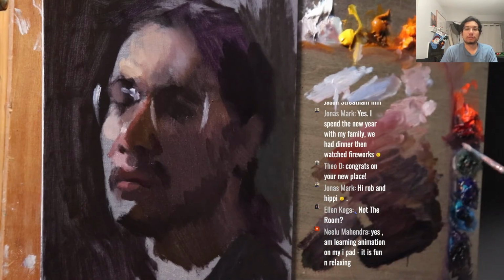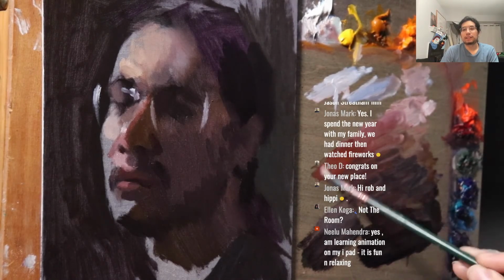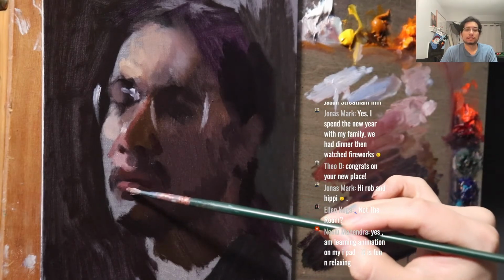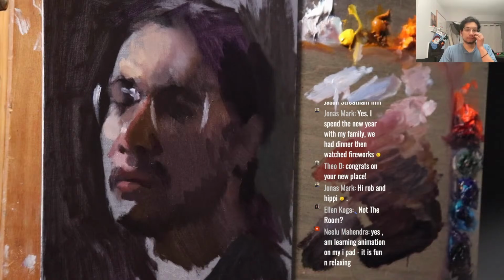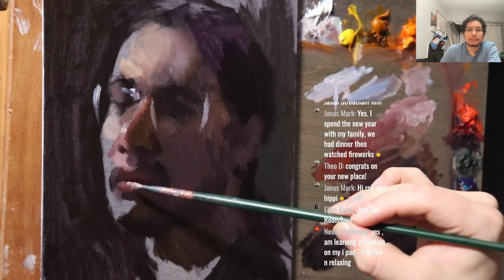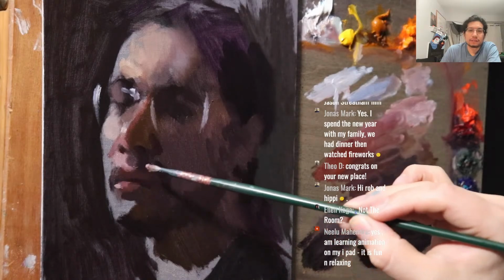And now we're working our way up towards the light for the lips. You see that's cadmium red, white, and I killed it off with some more of the greenish colors. And this is something I've learned a lot from Rembrandt in particular. There doesn't have to be a lot for lips.